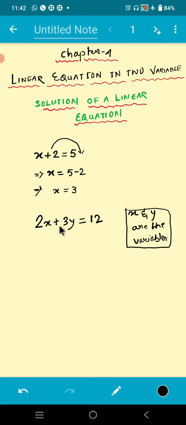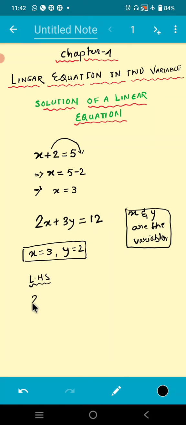Now for this particular linear equation involving two variables, suppose we keep the value of x as 3 and y as 2. Will these two values satisfy the equation? Let us check. Now LHS.